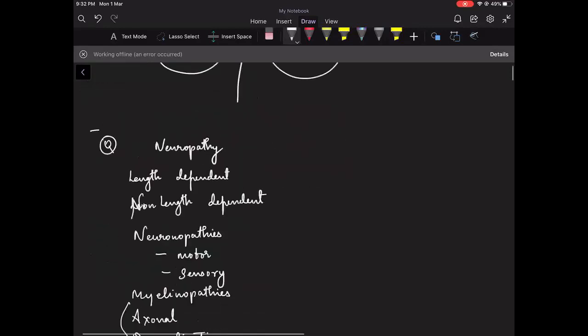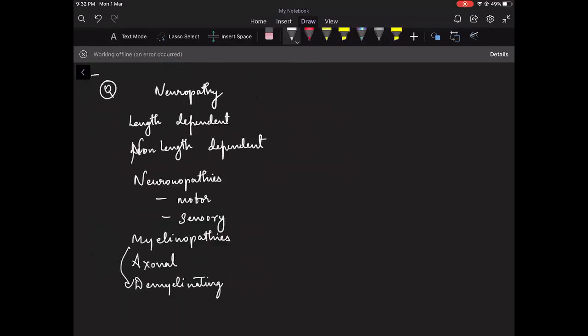Basically for neuropathy, some definitions we have to know, sir. First one is length dependent, meaning the patient has neuropathy starting from the periphery and slowly progressing upwards in the limbs. It could be sensory modality or motor modality. This is called length dependent.